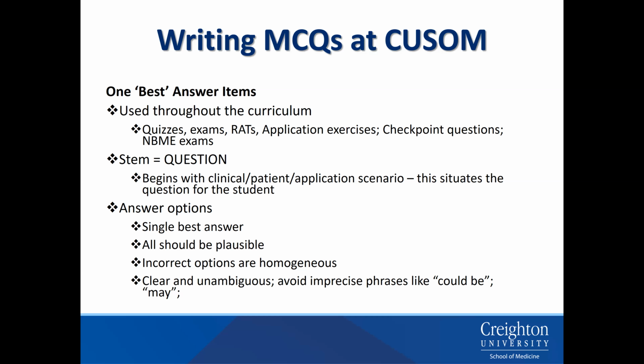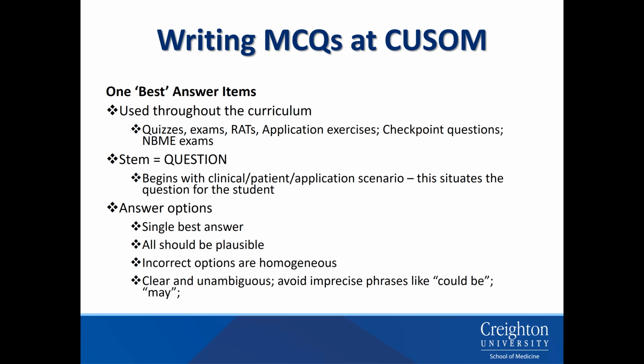And just to break down some of what a multiple choice question is, the stem is the question itself, and it may include background information. It may serve to contextualize and situate the question for the student.